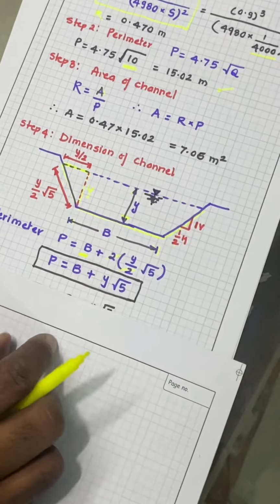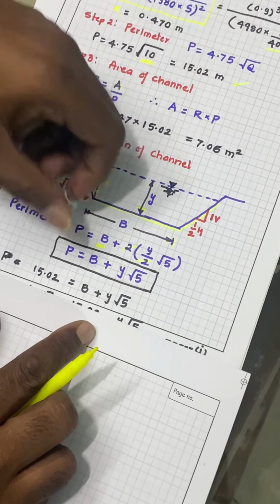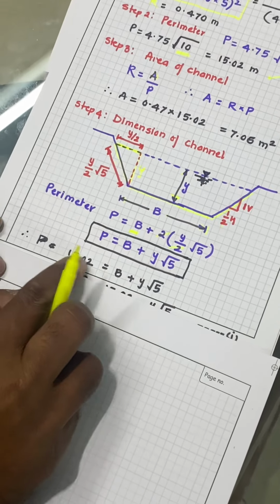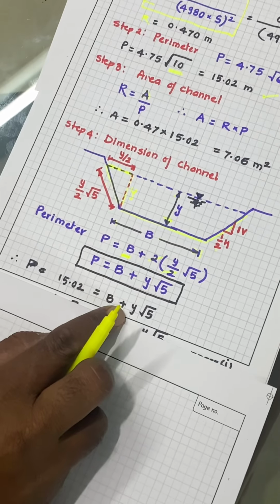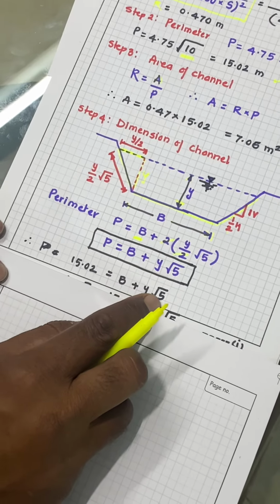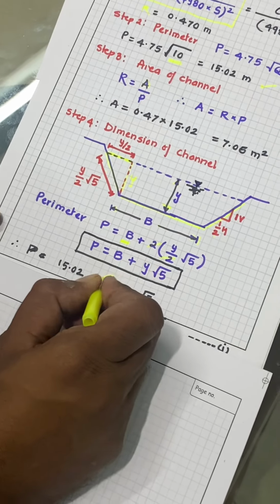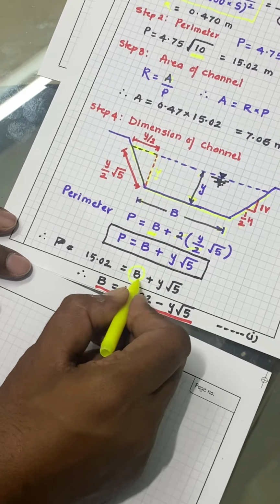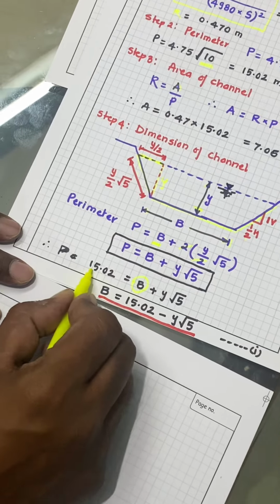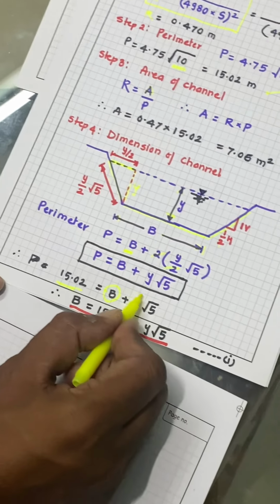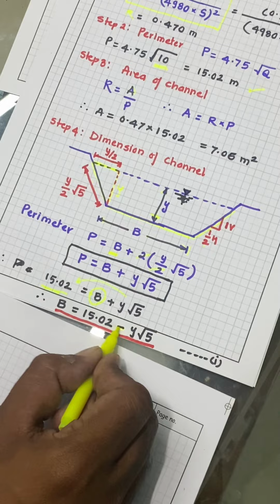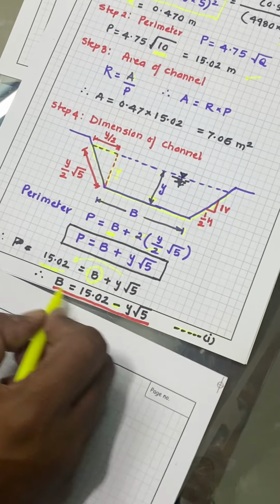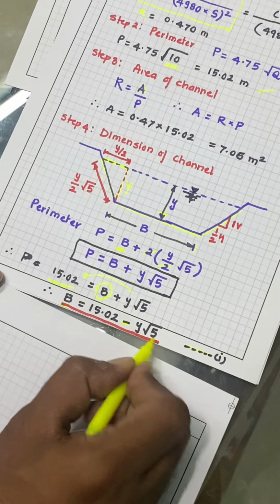I substitute P is equal to 15.02 is equal to B plus Y root 5. So we can find out B in terms of Y root 5. So I have taken B over here. B is equal to 15.02 minus Y root 5. So this is my equation 1 of width in terms of Y.